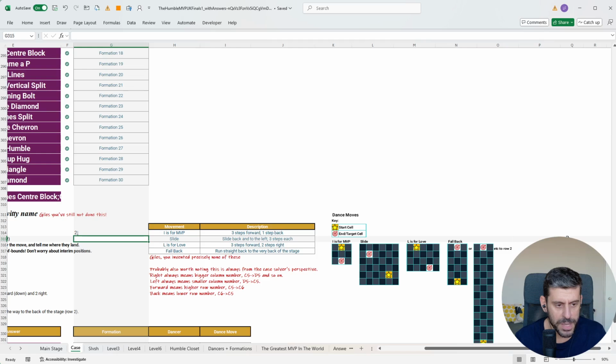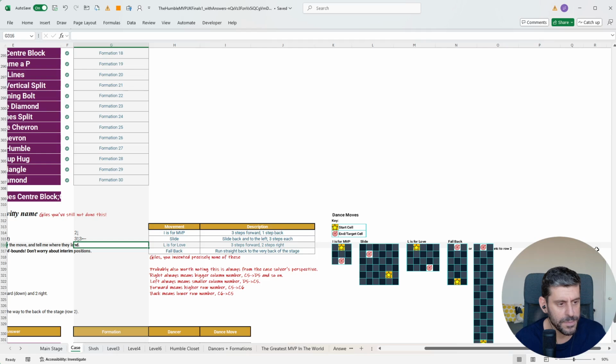Slide back and to the left 3 steps each. So it's 3 and up. And 3 and to the left.